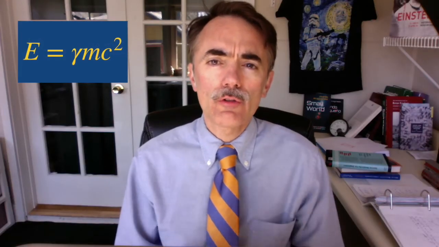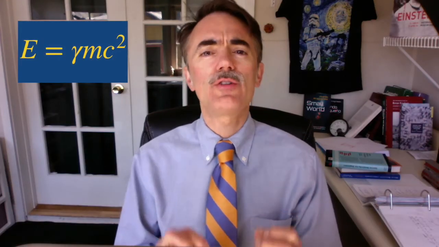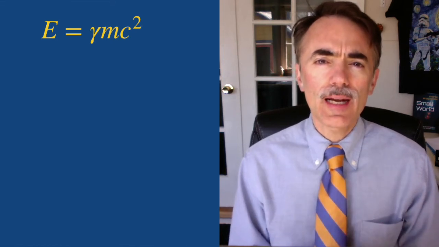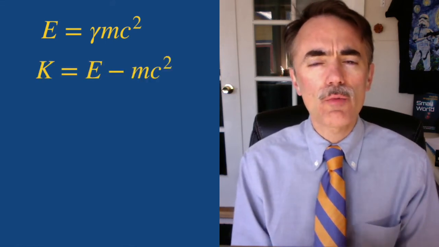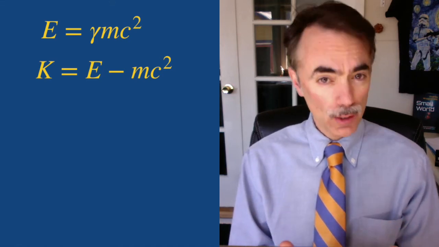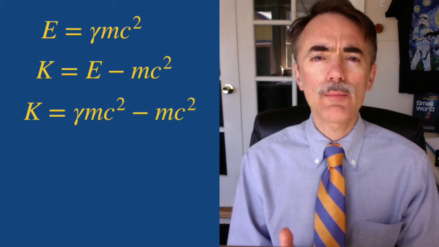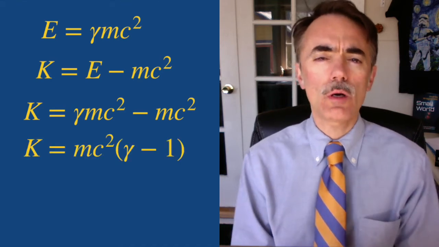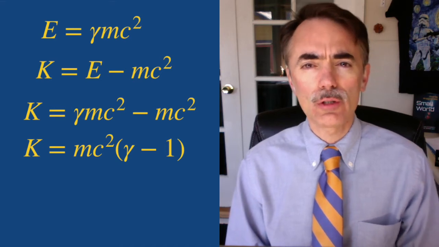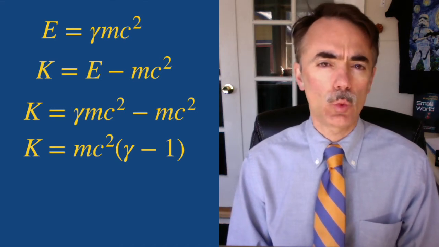E is the total energy of the particle, which contains the rest energy and its kinetic energy. From here we can define the kinetic energy as the total energy minus the rest energy. So K equal to E minus mc squared equal to mc squared times gamma minus 1, which for small velocities recovers the classical term of 1/2 mv squared.